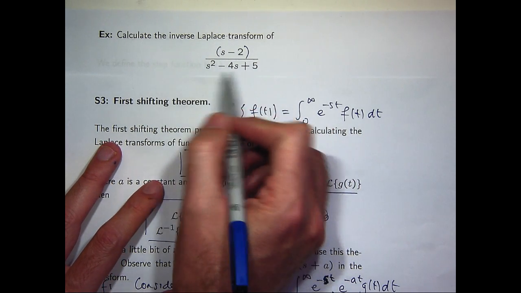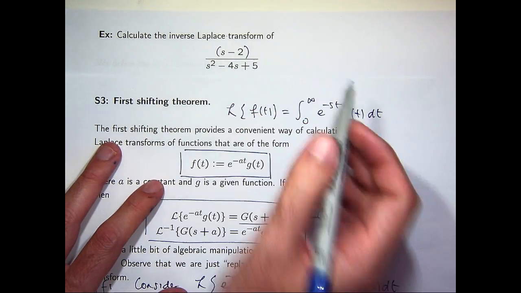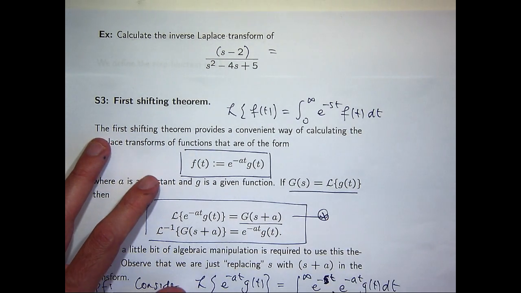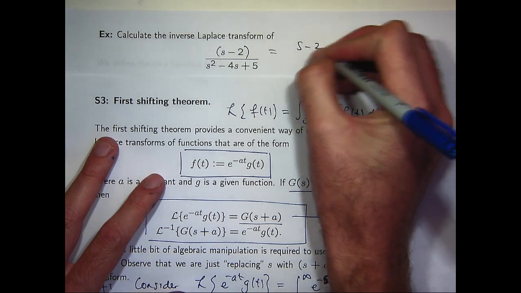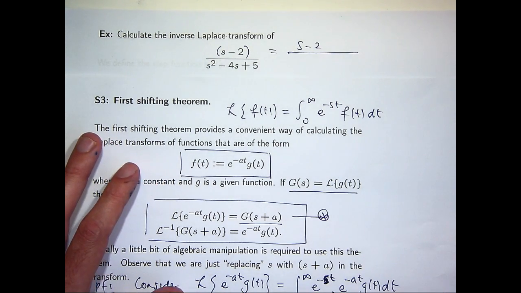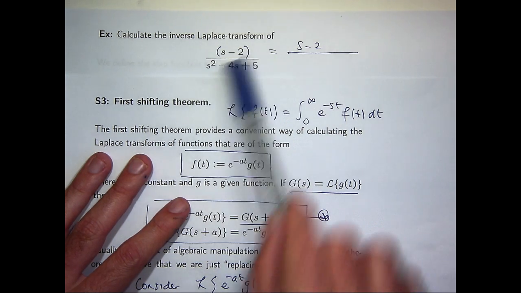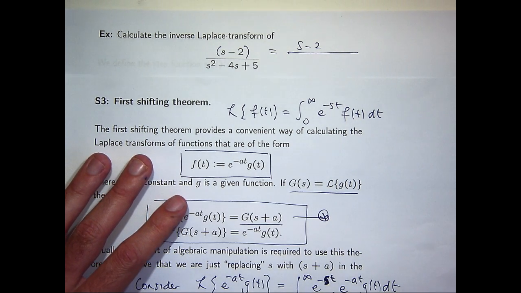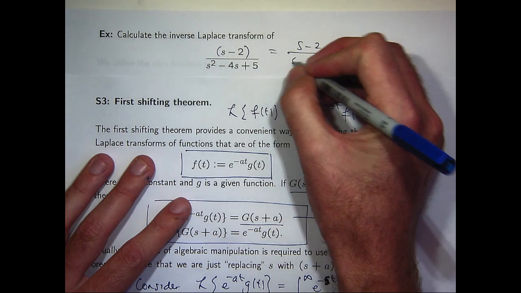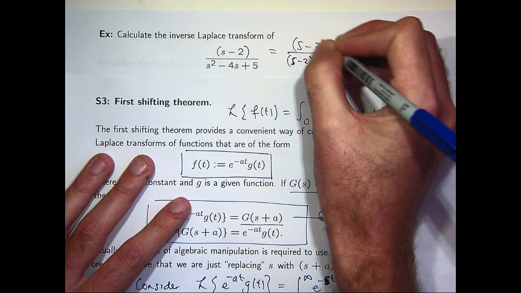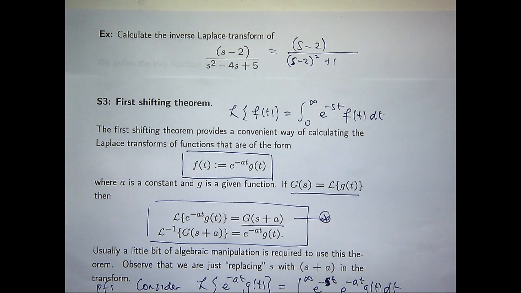What I would like is an s minus 2 in brackets down the bottom. So if I complete the square, watch what happens. If I split that 5 into 4 plus 1 and then factorise, I get that.